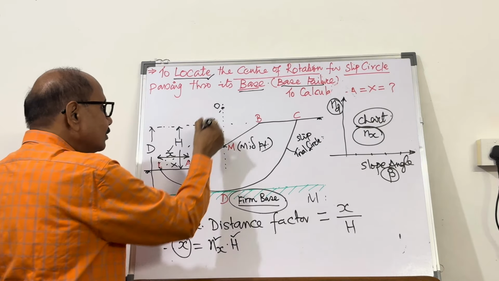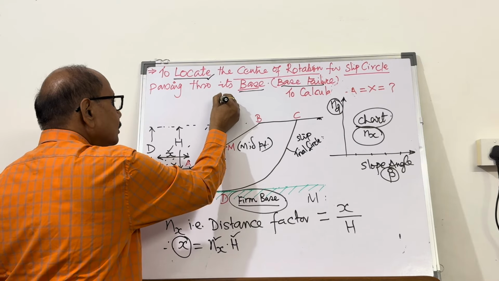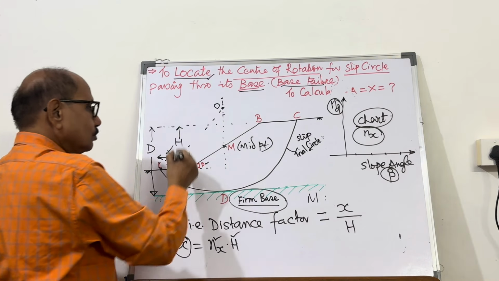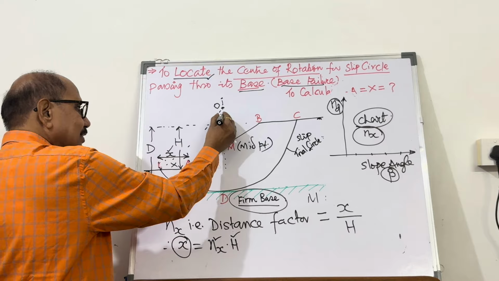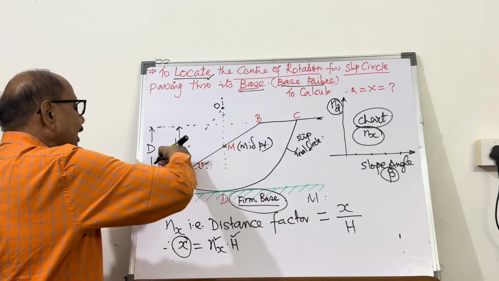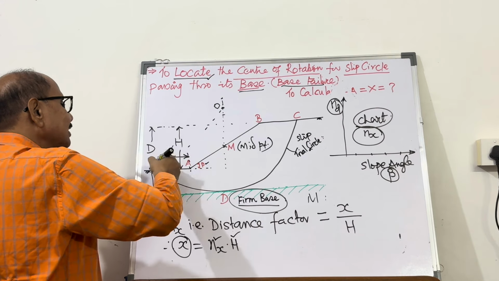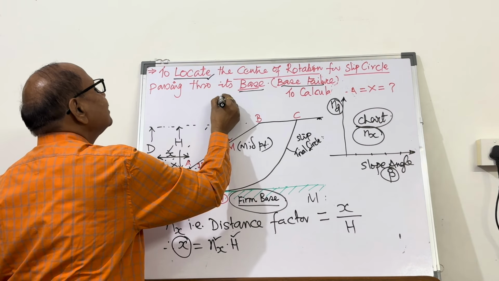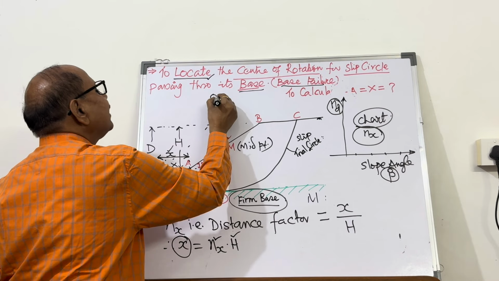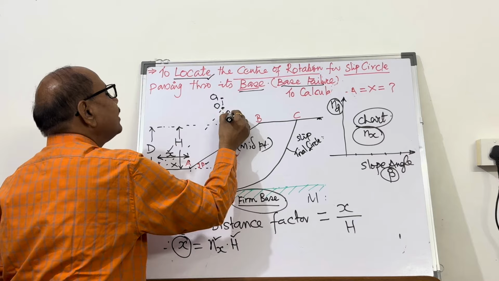If it is not, you can take O a little up or a little down, and from there taking OE as the radius, you will have to adjust the center of rotation a little bit. You will have to take it up or take it down.